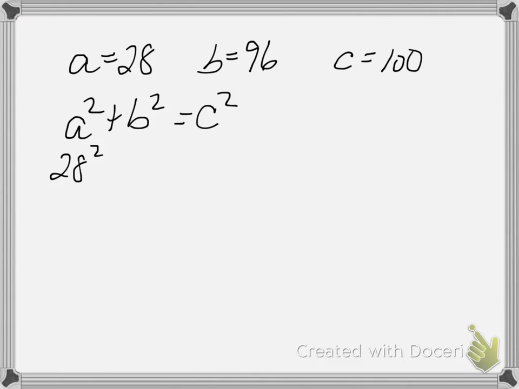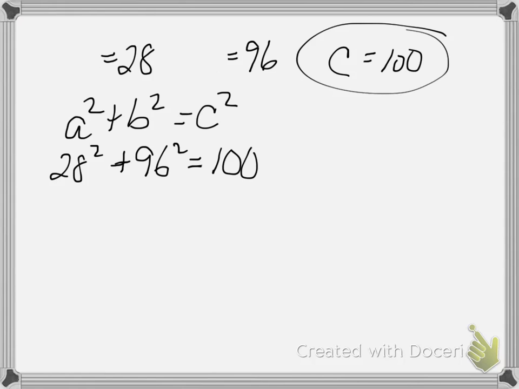So 28 squared plus 96 squared. Remember, the longest side is C. So even if they just give you the numbers and they don't tell you A, B, or C, you'll always know that this one has to be C because it's the longest one. So 28 squared is 784.